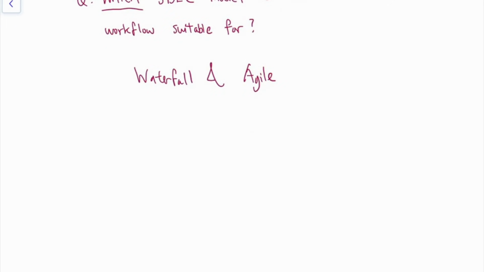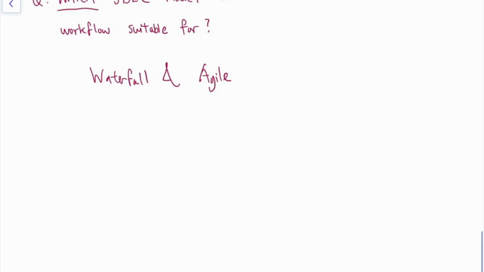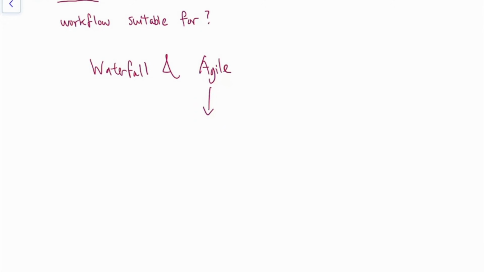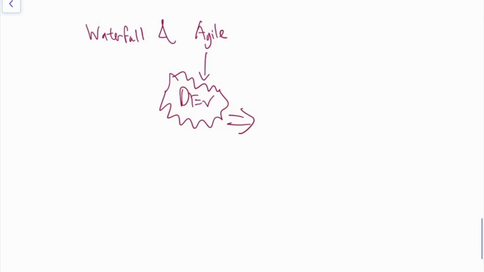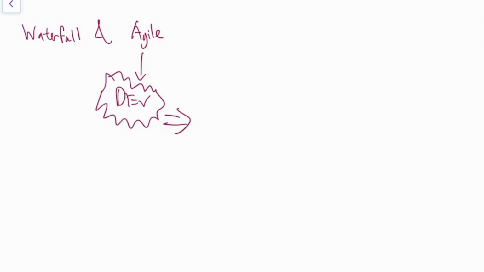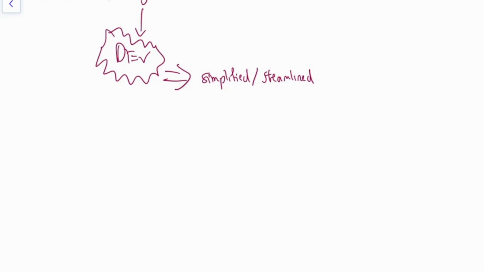But in agile, as we know, we always like to do things with a focus on development, so this change request process is normally simplified or streamlined, to conform to agile principles, the manifesto.